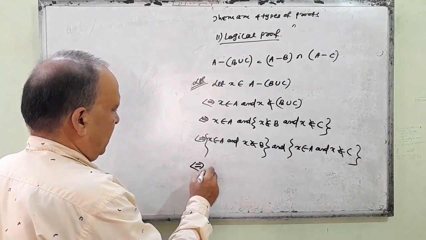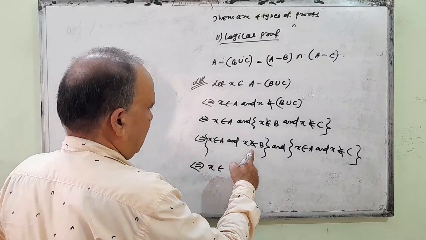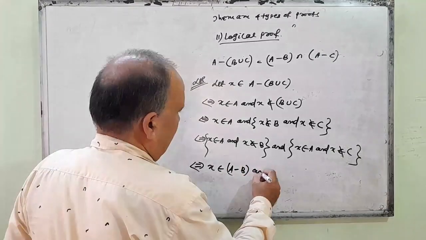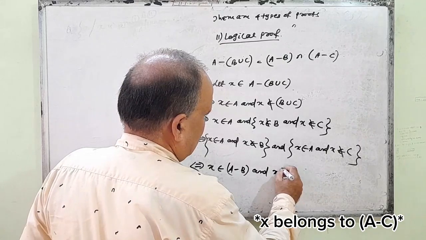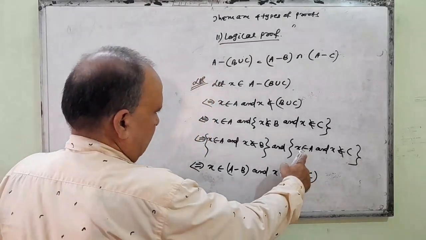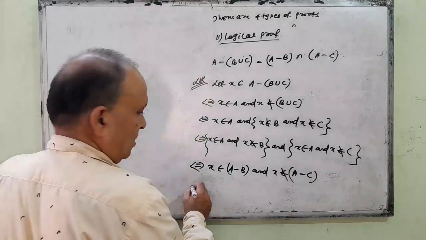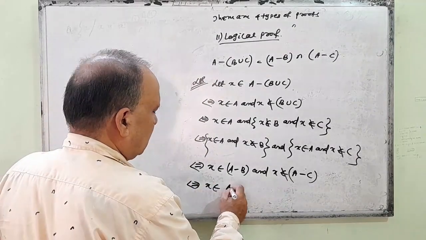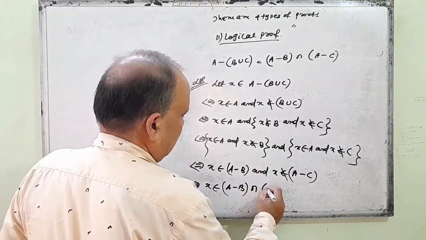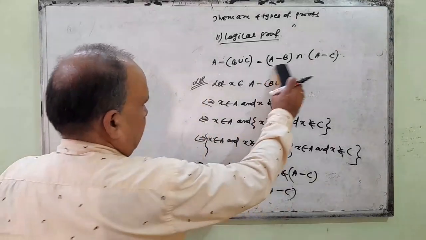From definition, x belongs to A and x does not belong to B means A minus B, and x belongs to A and x does not belong to C means x belongs to A minus C. This implies and is implied by x belongs to A minus B intersection A minus C. So you get RHS.